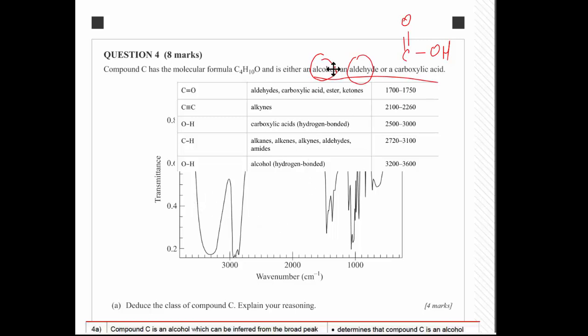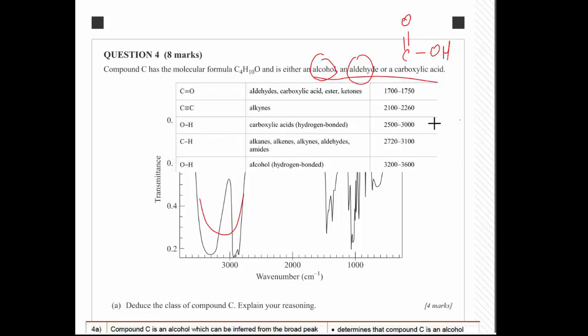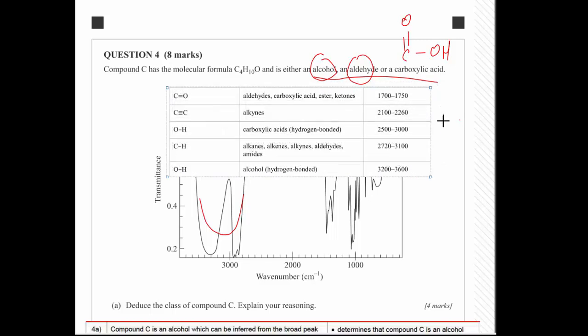The carboxylic acids normally give this broad band because there's an overlap with the CH bond here. But there's this clear separation here, which is alcohol. So it's clearly an alcohol.